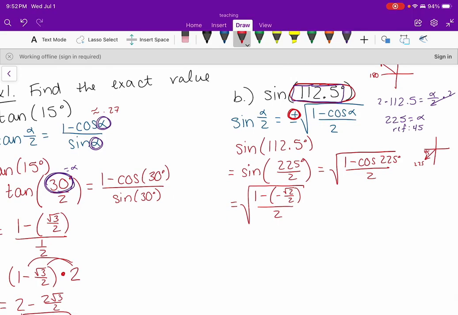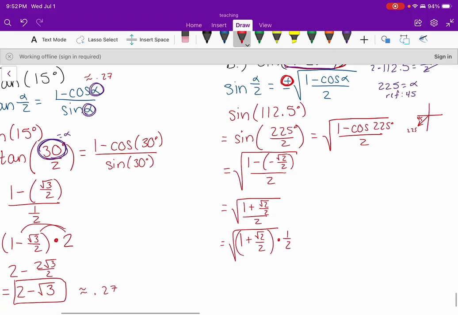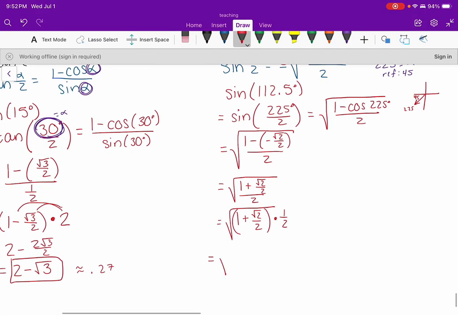And now we're simplifying. So I have equals the square root 1 plus root 2 over 2 divided by 2. Instead of dividing by 2, I'm going to multiply by 1/2. This is all in the square root still.